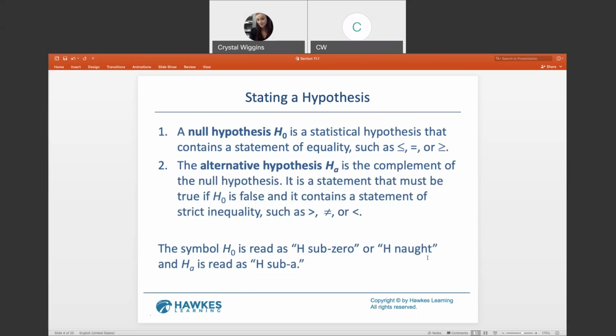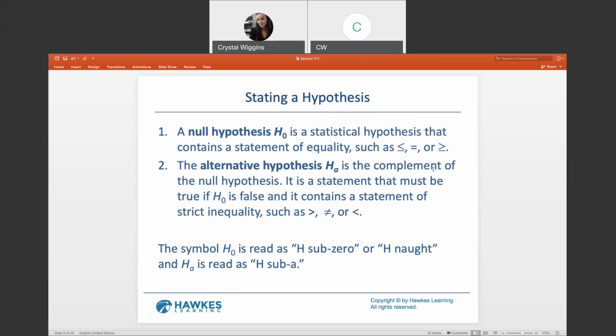So what's important about the null is that it has the equal sign. So any one of these three symbols all have equal signs and they all need to be in the null hypothesis. This has to do with the way the test is designed. The test is designed to test the equal sign, to test the null. It doesn't matter what the claim is. The claim is secondary to the test. It's about the null hypothesis.